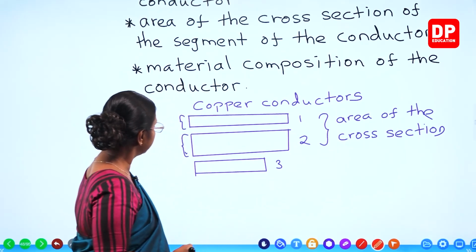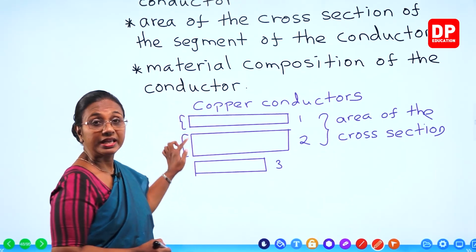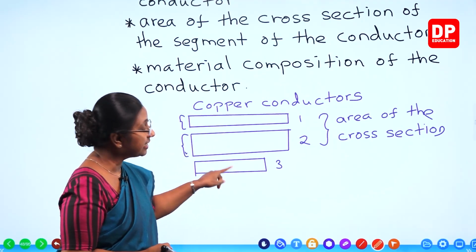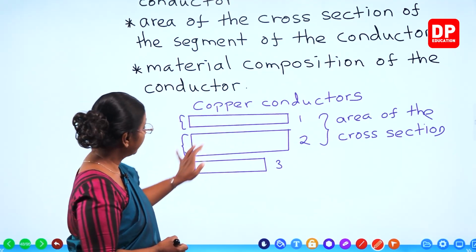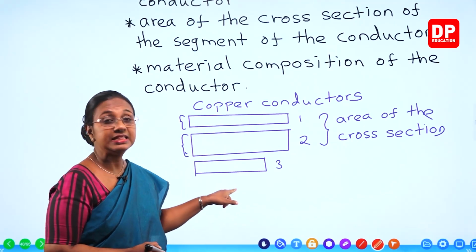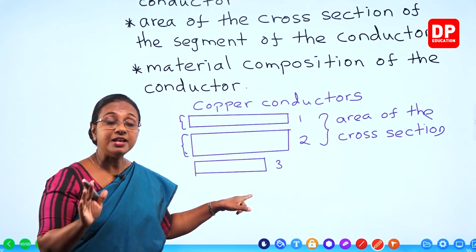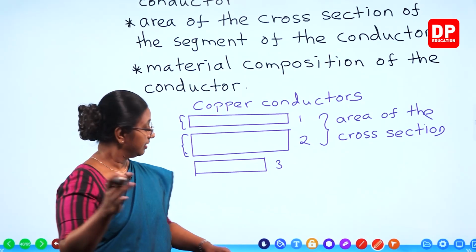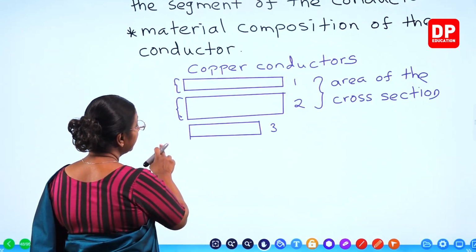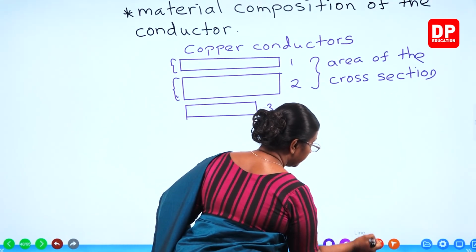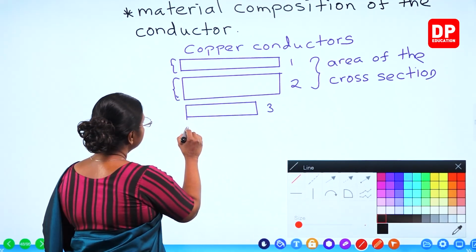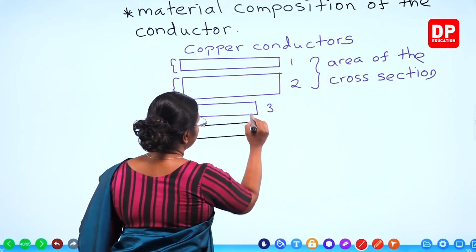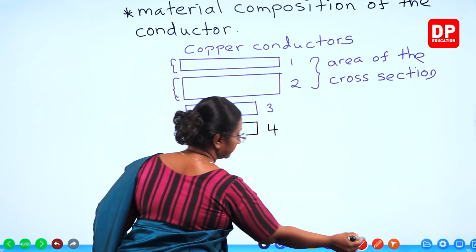Then if you take the third one, if the area of the cross section of 1 and 3 are equal, you can see from the diagram the length is different. Then also the resistance will be different. The same way, if we take two conductors made of different materials, let's say the fourth one.